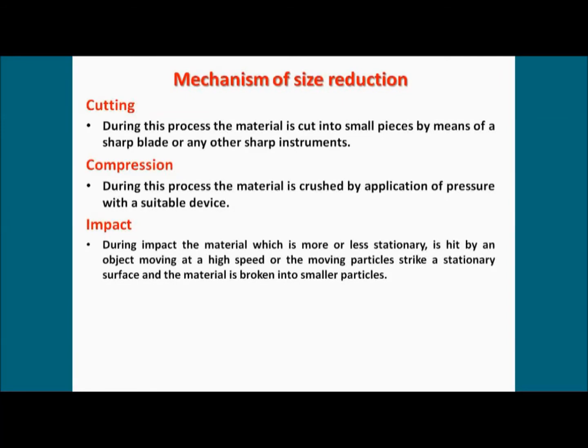For example, we have a walnut at a stationary position over the surface of the table, or any surface, right? If we force the hammer over the walnut, the hammer is in a dynamic, moving state, the walnut is in a stationary state, that is the impact.